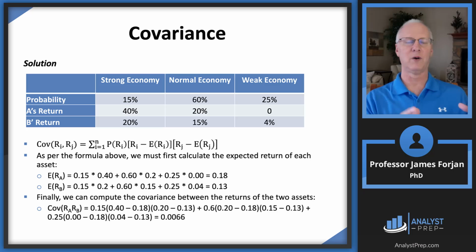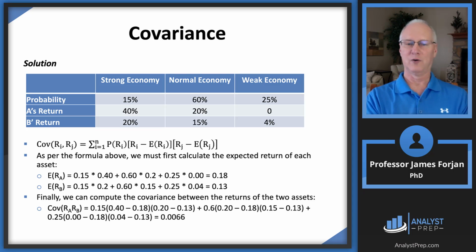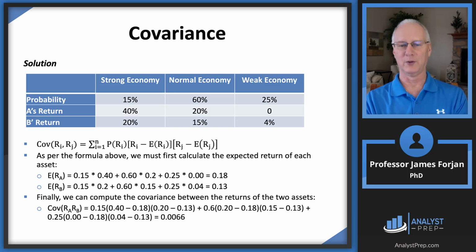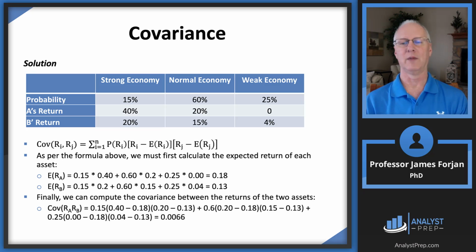Do you see what we're doing here? We have the probability of a strong economy, 15%, and then we're multiplying that by the distance between A's return and its mean and the distance between B's return and its mean. So watch what I'm going to do here. I'm going to take 15% times 22% times 7%, right? And then we're going to do that for the normal economy, and then for the weak economy.